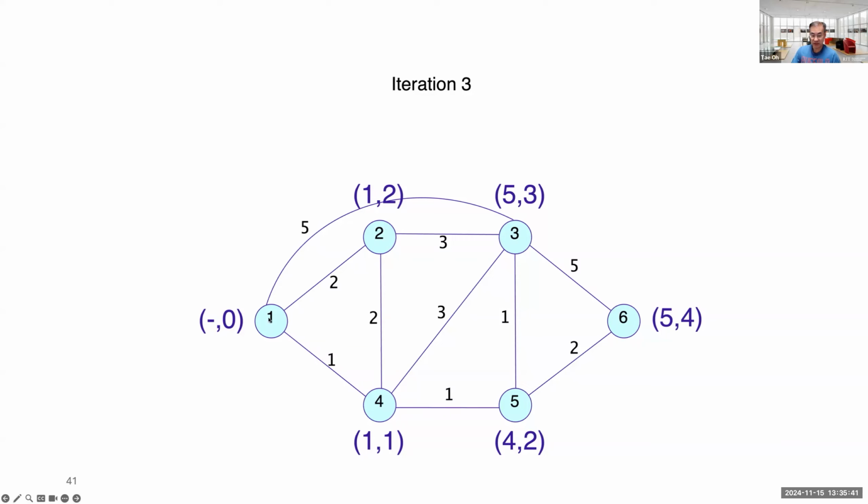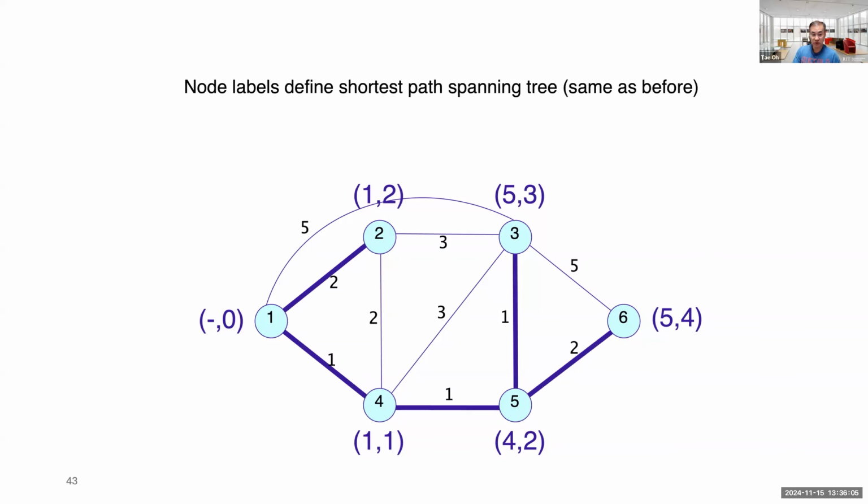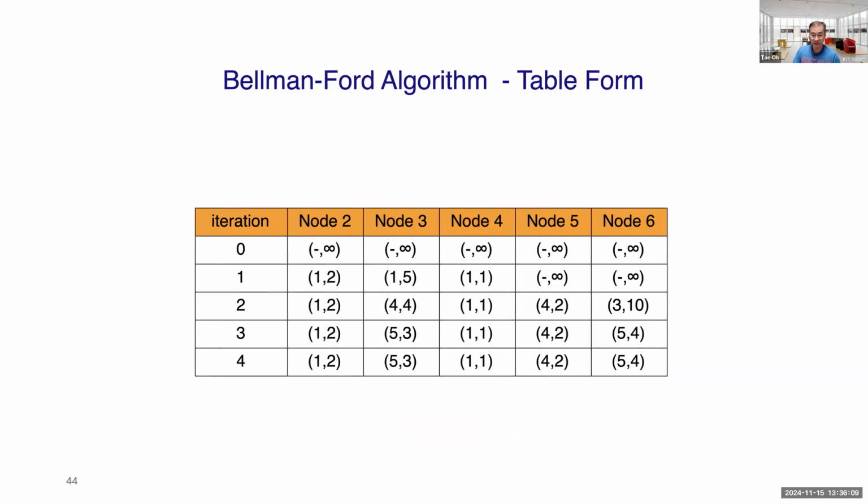You realize that the 5 is the least cost because 5 has a 1 1 1, which is a 3. 6 has a 2 2 2 1 1, which is 4. So there's no change. If anything needs to be changed, it changes; if there's no change, it stops there. So no label change defines the shortest path spanning tree.